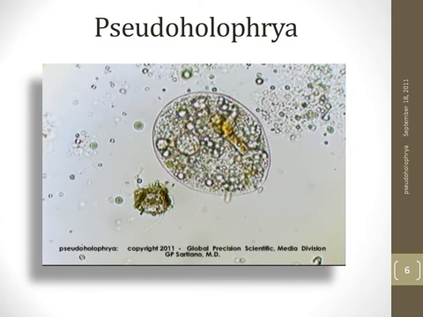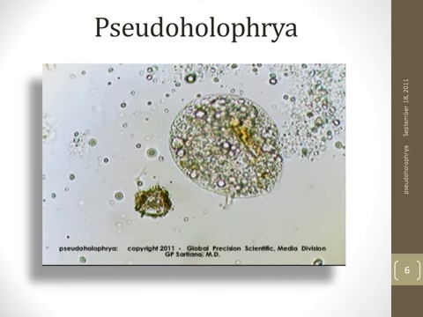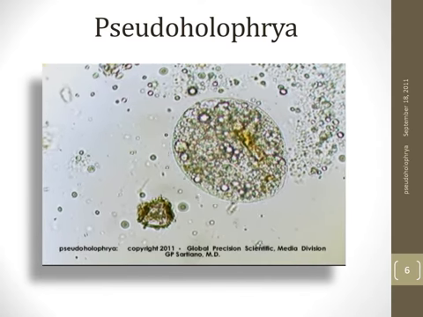The cytoplasm of the organism has many vacuoles, as well as the pigmented remnants of an ingested diatom.